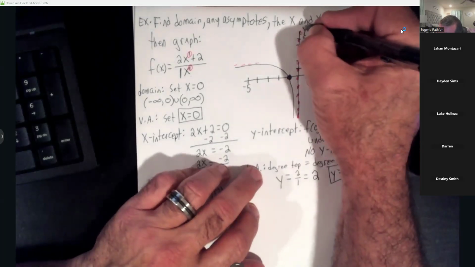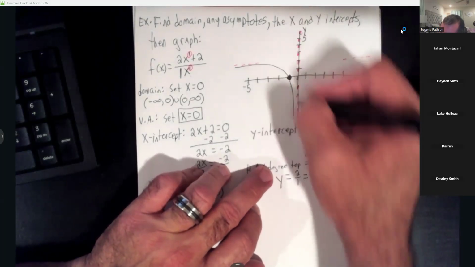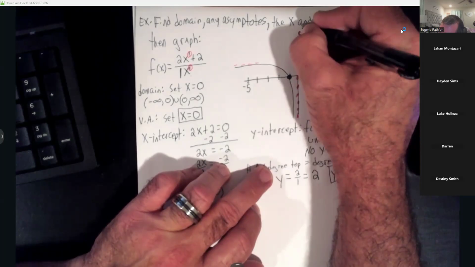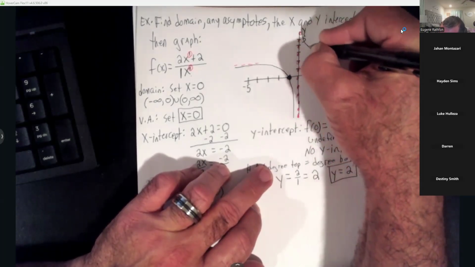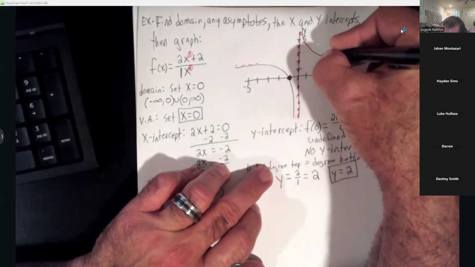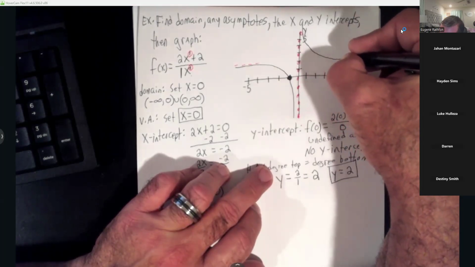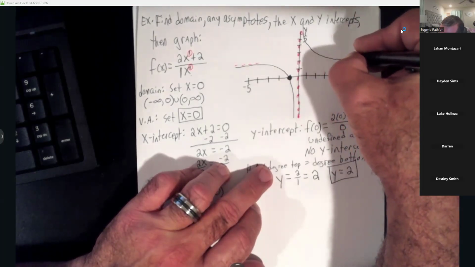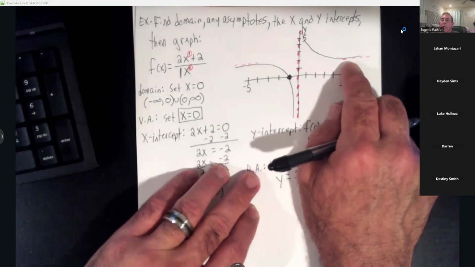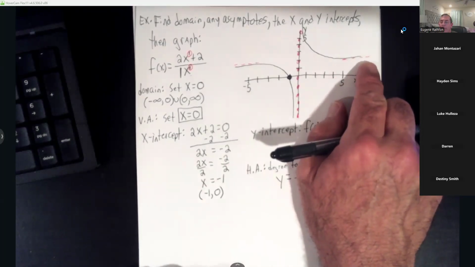Now, this side will come in from the top because they're usually opposite than this one. It's going to come in up here, and it's going to curve, and it's going to try to reach that horizontal asymptote going to the right.